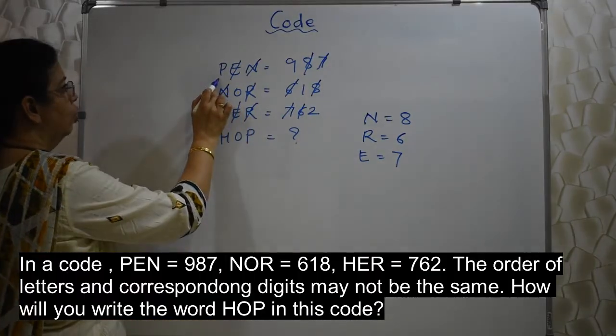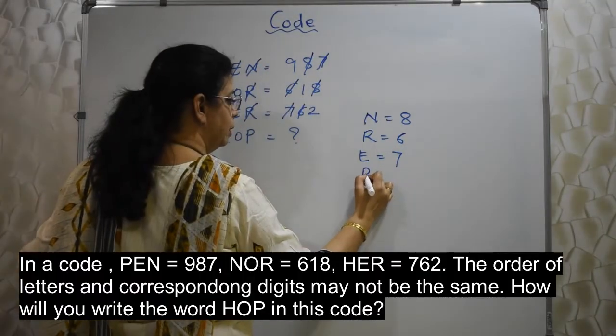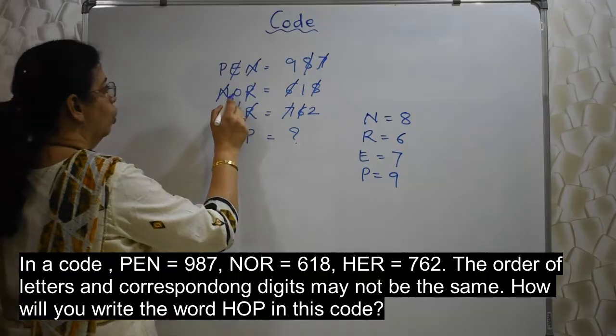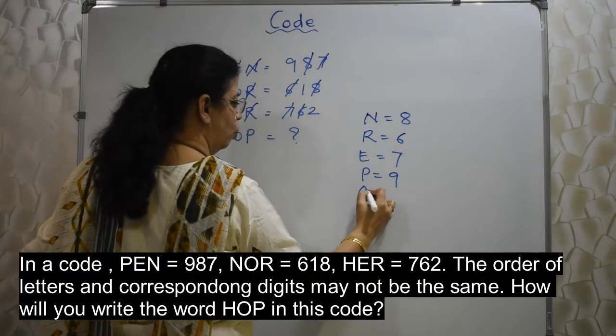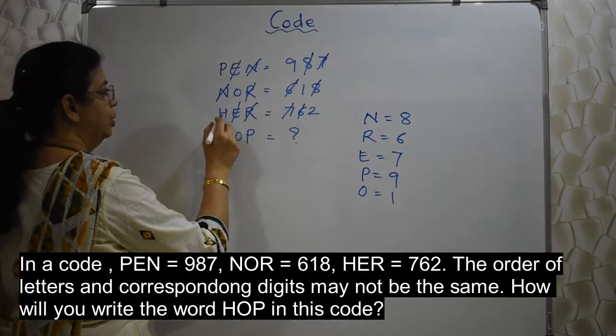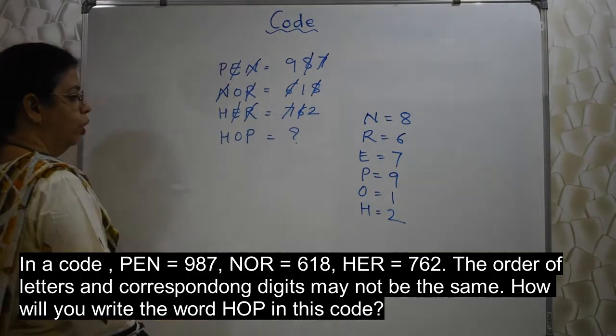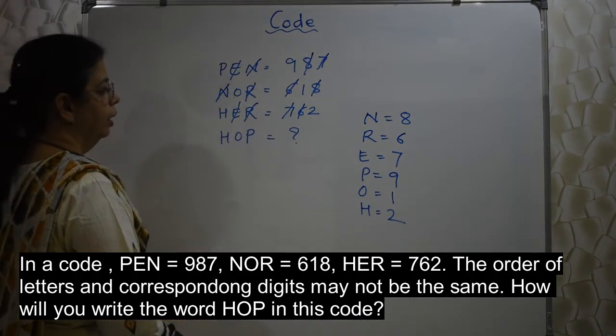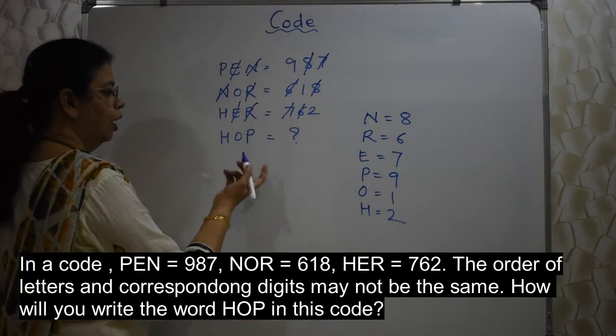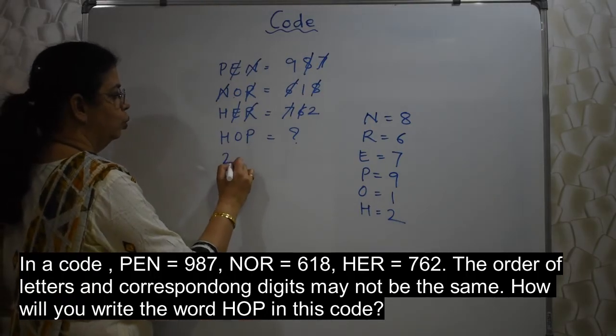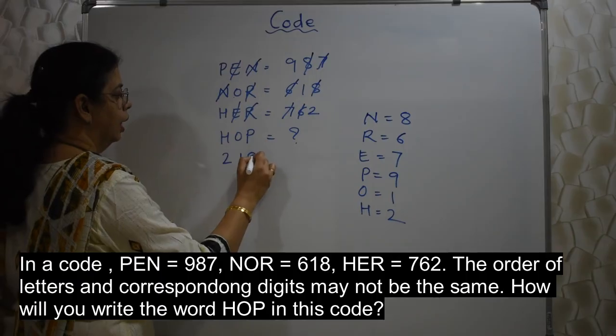Here P is alone, 9 is alone. So P must be equal to 9. O alone, 1 alone. So O is equal to 1. H is 2. We have got the code for all the letters. Now the job is very simple. 2, 1, 9.